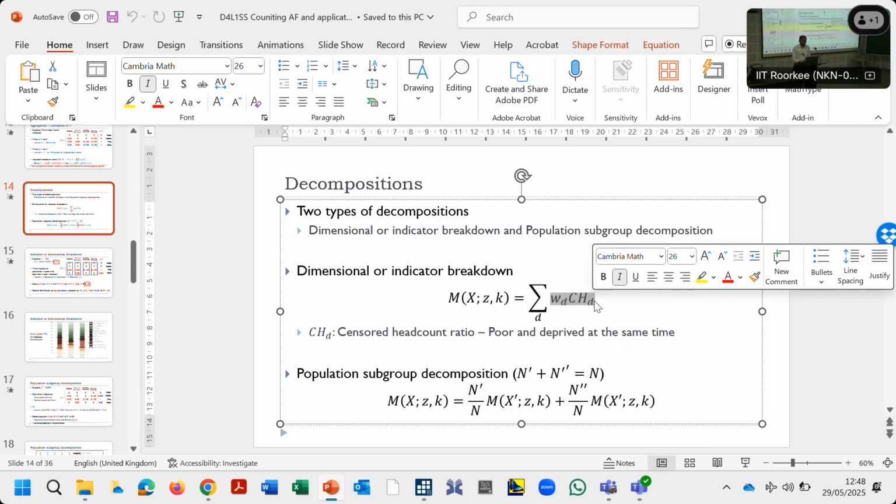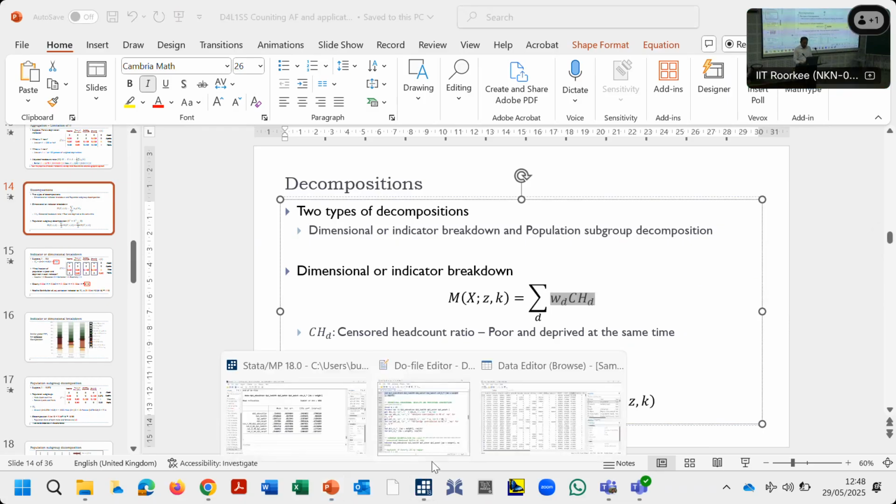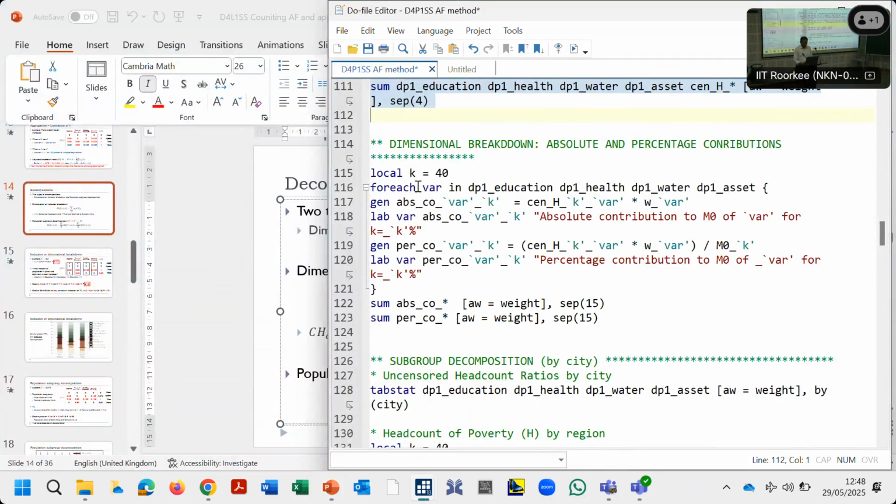So this is what we now need to compute. What we are doing here is the dimensional breakdown. So the absolute contribution is basically the censored headcount ratio times the weight, and the percentage contribution is equal to the censored headcount ratio times the weight divided by M0. Exactly what I had written on the board.